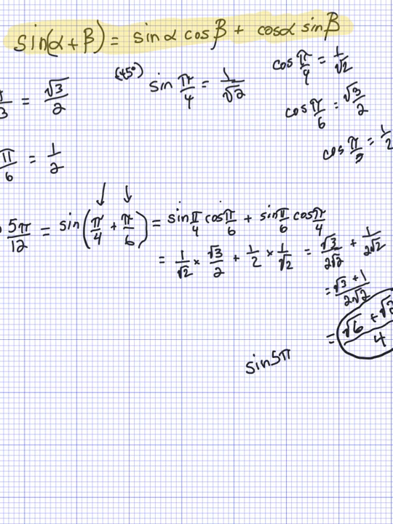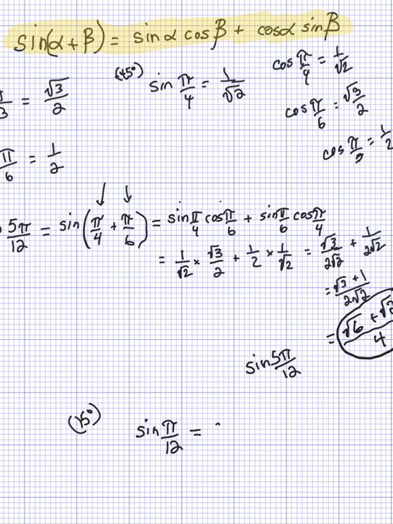5 pi by 12. What if we wanted the sine of pi by 12? What if we wanted to do that? You guys might still be thinking 15 degrees, but you shouldn't. Sine pi by 12.